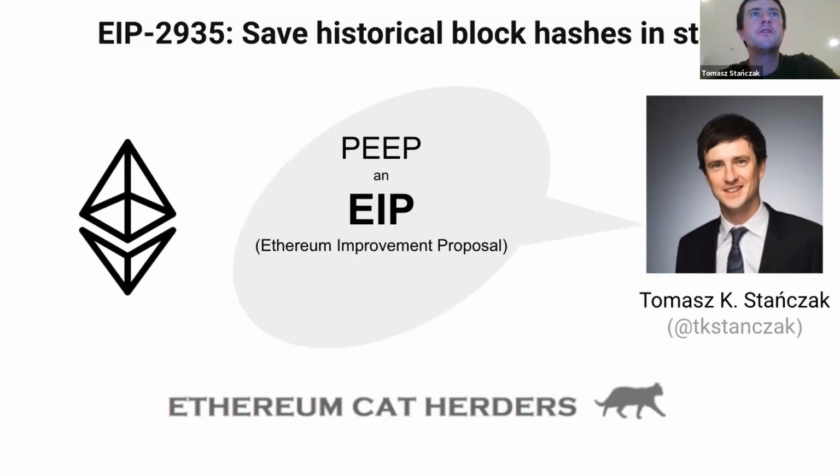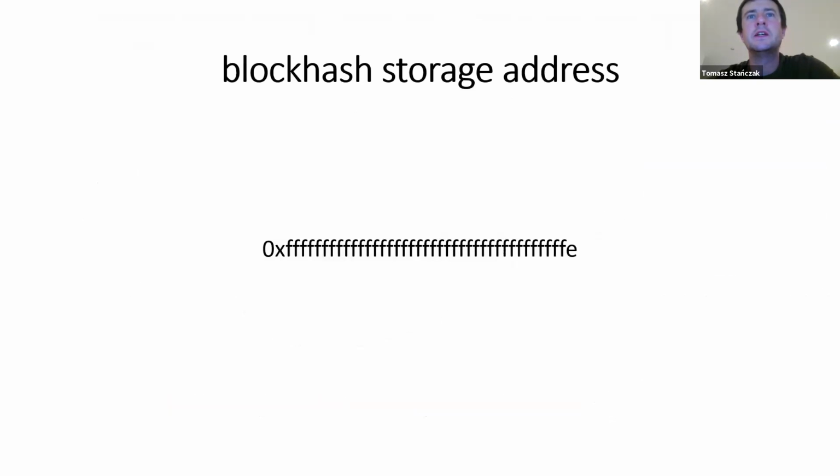And EIP-2935 suggests something relatively simple. It defines the block hash storage address, with FFFE at the end. Because we use, I believe, all Fs as a system account, and here we store.